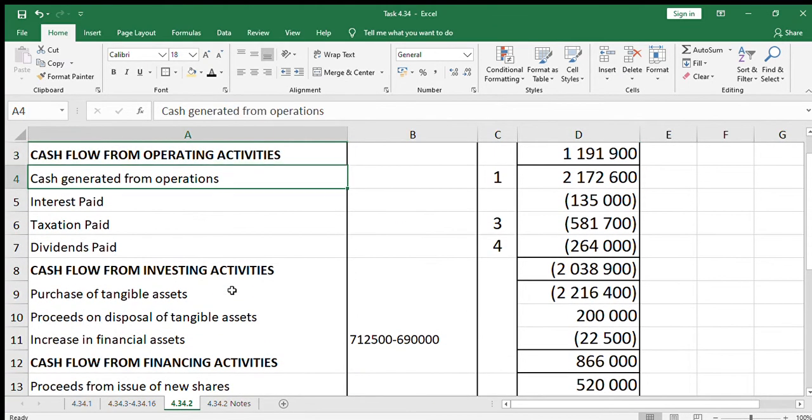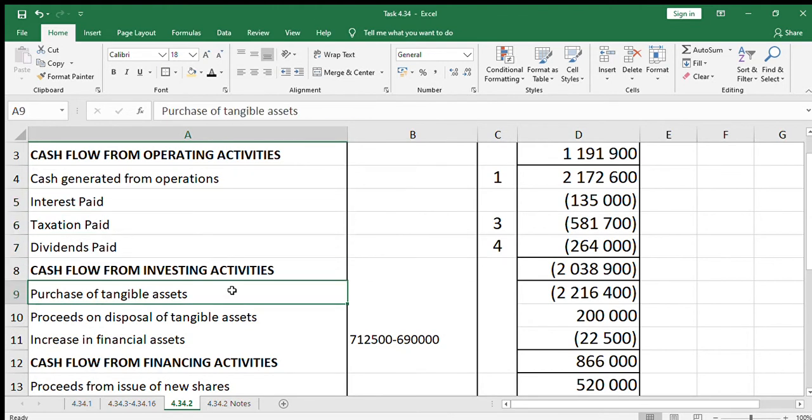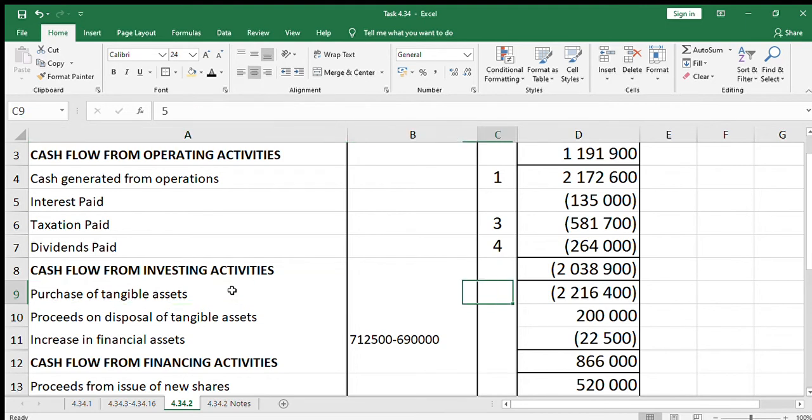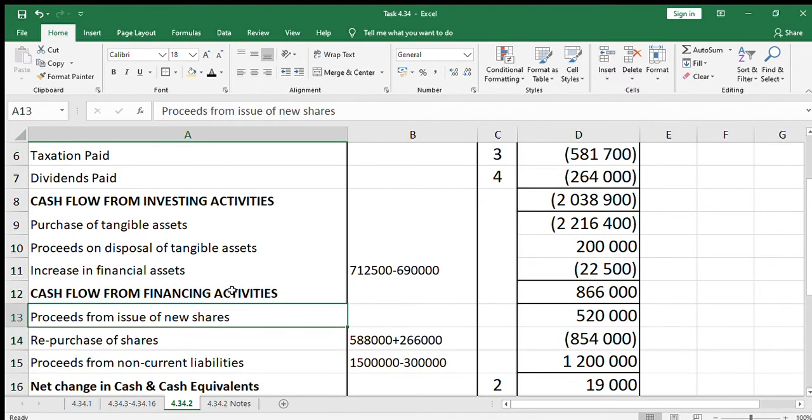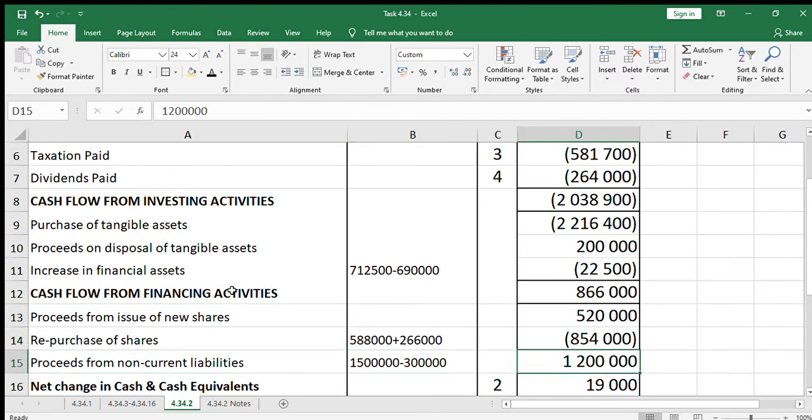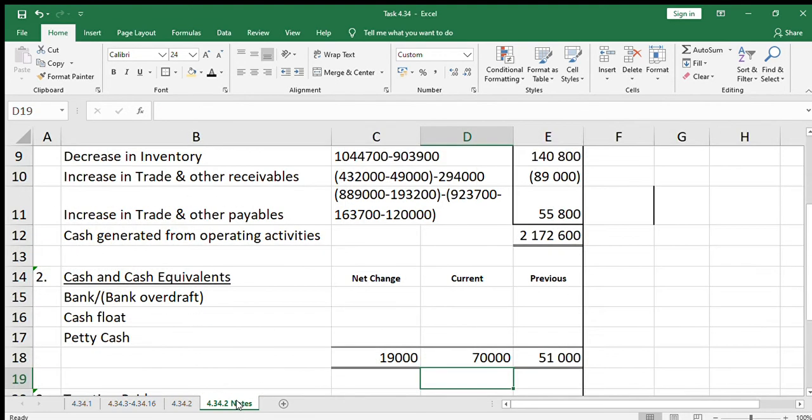For example, in investing activities, tangible assets were purchased for 2,216,400. And we must mention the figures in your answer. Also there was a disposal of tangible assets, and then new shares were issued, shares were also repurchased, and an additional loan was taken. So these are all the things we're going to mention, but remember to always quote the figures as well.